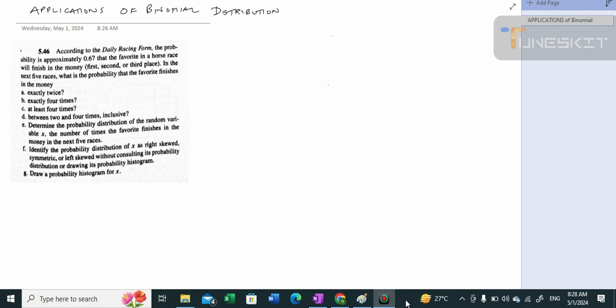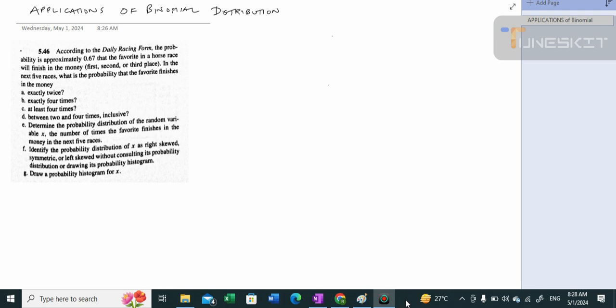In part A exactly twice, in part B exactly four times, in part C at least four times, in part D between two and four times inclusive, in part E determine the probability distribution of the random variable X, the number of times the favorite finishes in the money in the next five races.